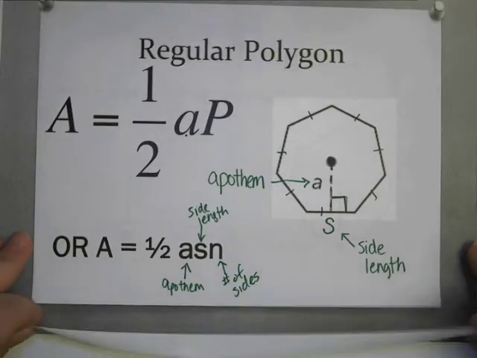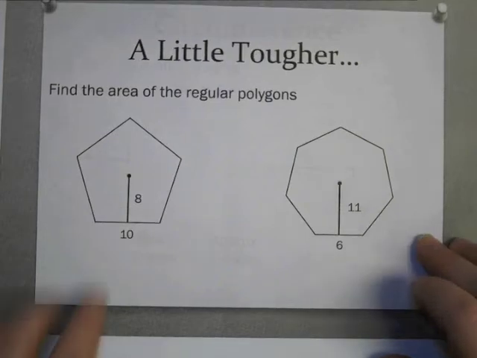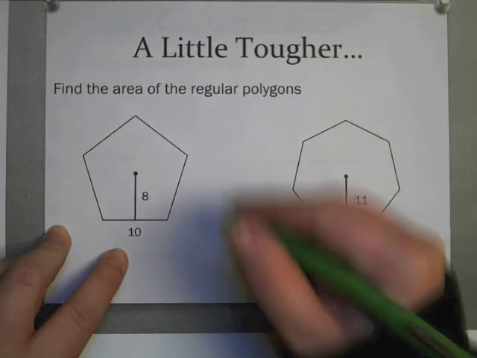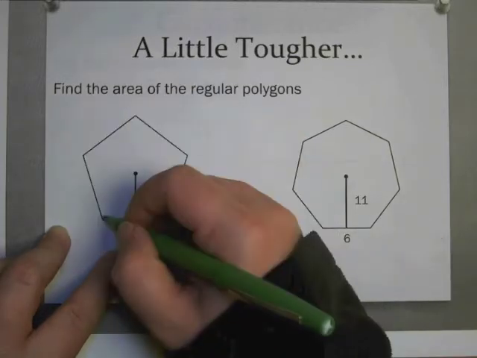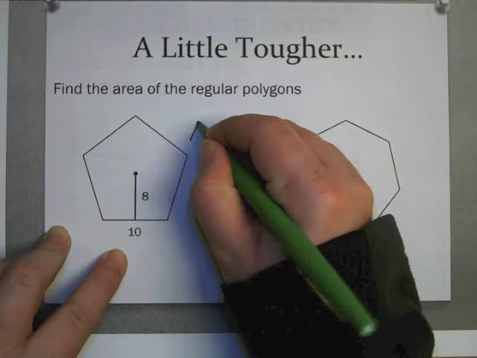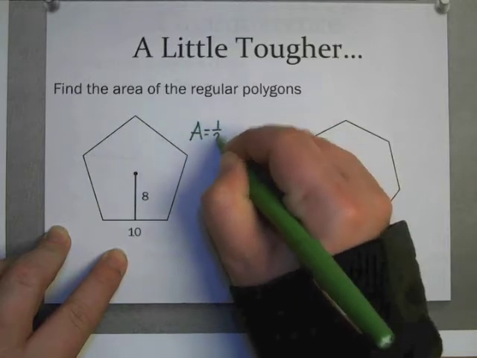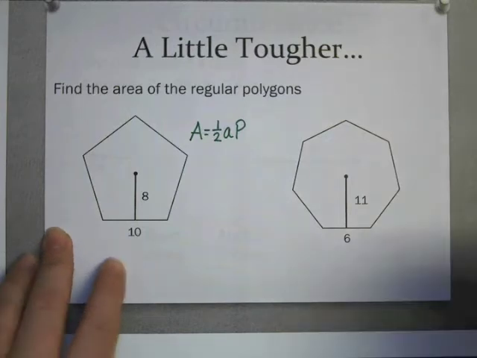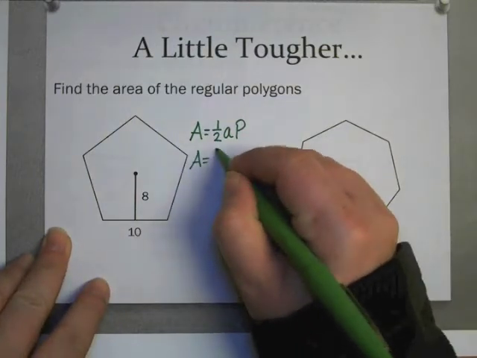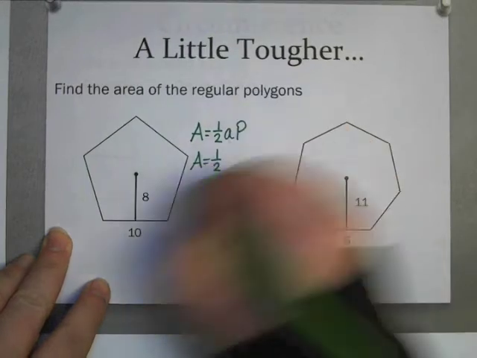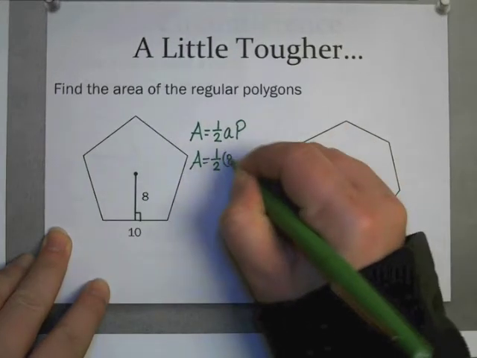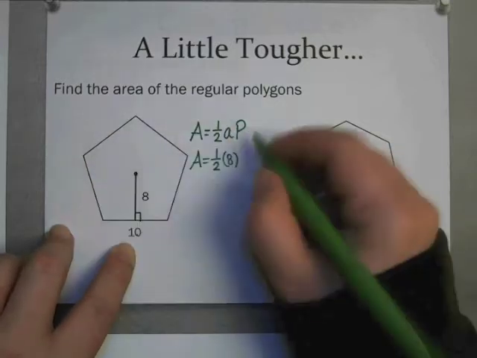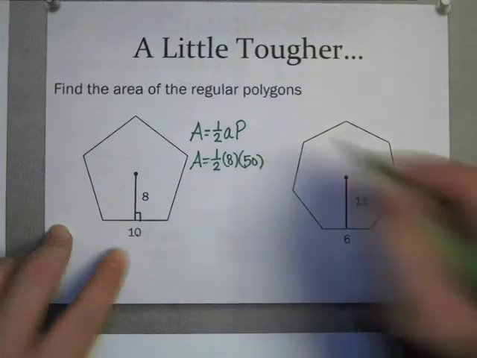Let's do a couple of examples. We have a regular pentagon in this case. So we know we have 5 sides, and all the sides are 10. Let's use 1/2 apothem times perimeter. Doesn't matter which one you use. Let's fill in what we know. We know the apothem is 8, and the perimeter is 10, 10, 10, 10, 10, so that would be 50.